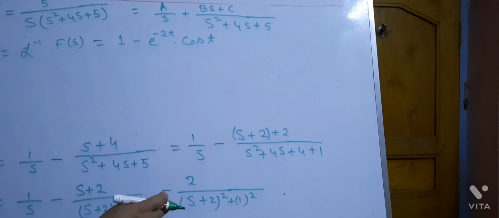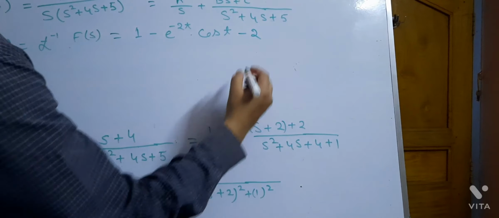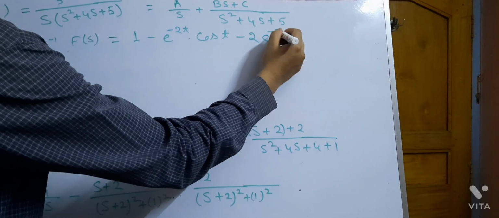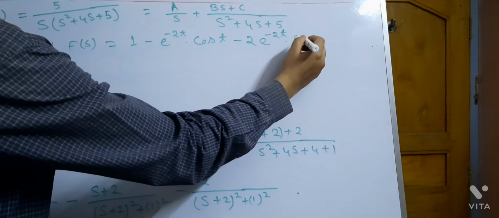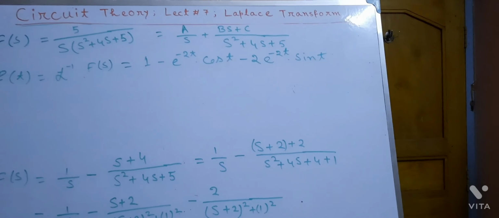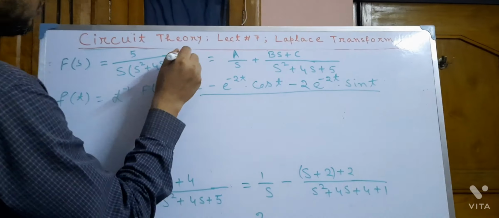Now this is equal to minus 2 into e to the power minus 2t sin t. Okay, now this is the inverse Laplace transform of this one.